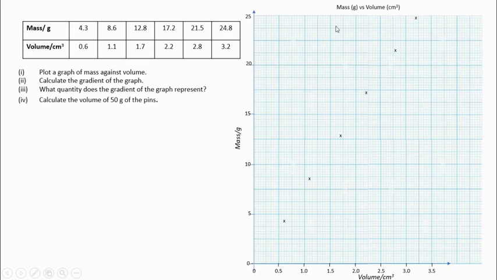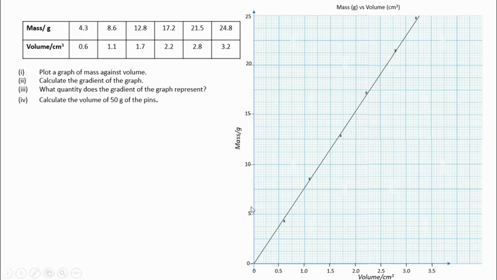So your graph should look something like this, with your title saying mass against volume, mass on the y-axis, volume on the x-axis, with suitable scales, taking up more than half the page in both directions, plotting your points and then drawing your line of best fit.